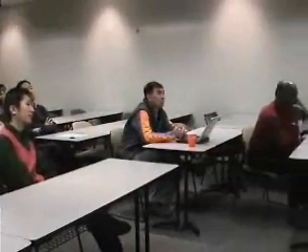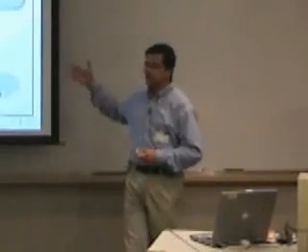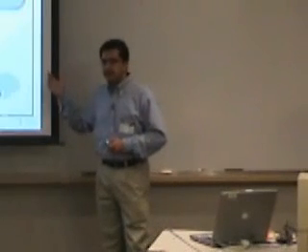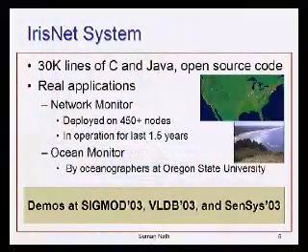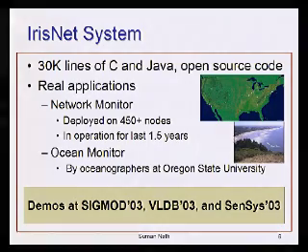Those organizing agents collect the data and organize it so that people can make high-level queries on that collected data. Note that this is a shared infrastructure, which means that more than one application can run on it at the same time. And IrisNet provides an application programming layer so that someone can customize this infrastructure to write his own application.